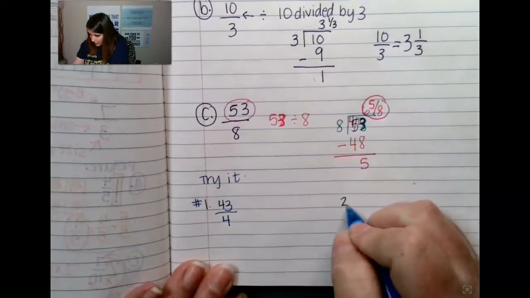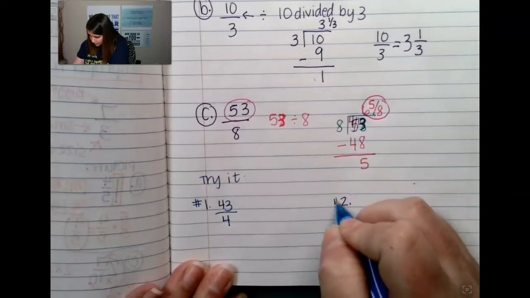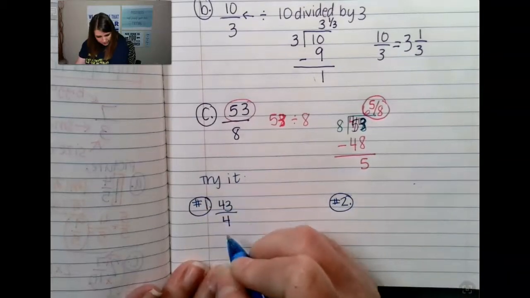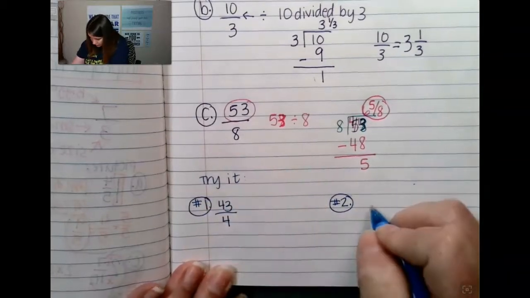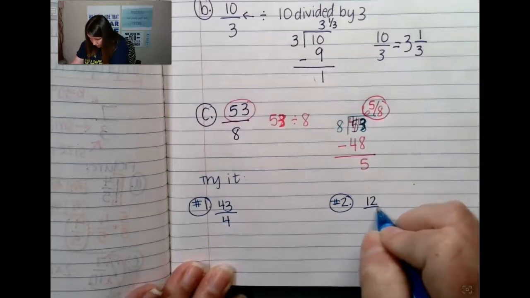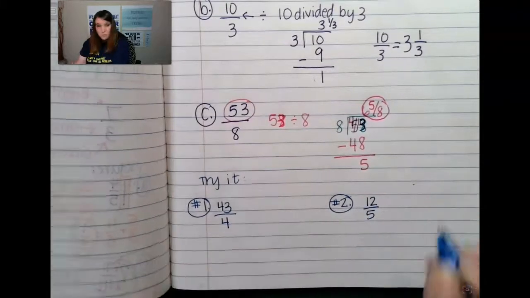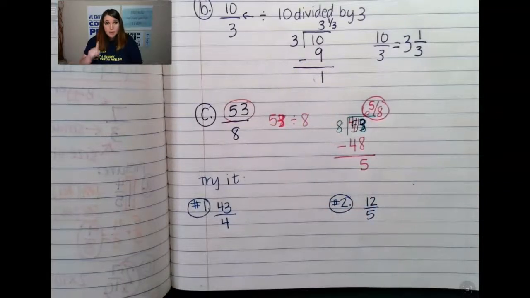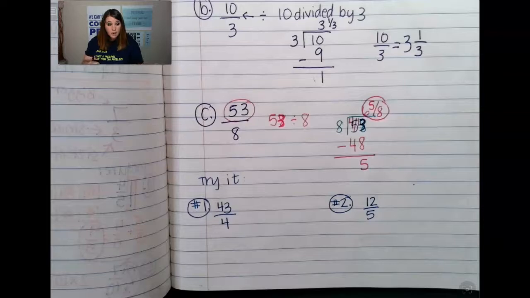And then try it number 2. Make sure you pause this so you don't hear my voice telling you what to do. Is 12/5. Remember to write it down correctly so you don't make a mistake like me. All right, hit pause right now so that way you don't hear me telling you how to do this. Hit the pause button.